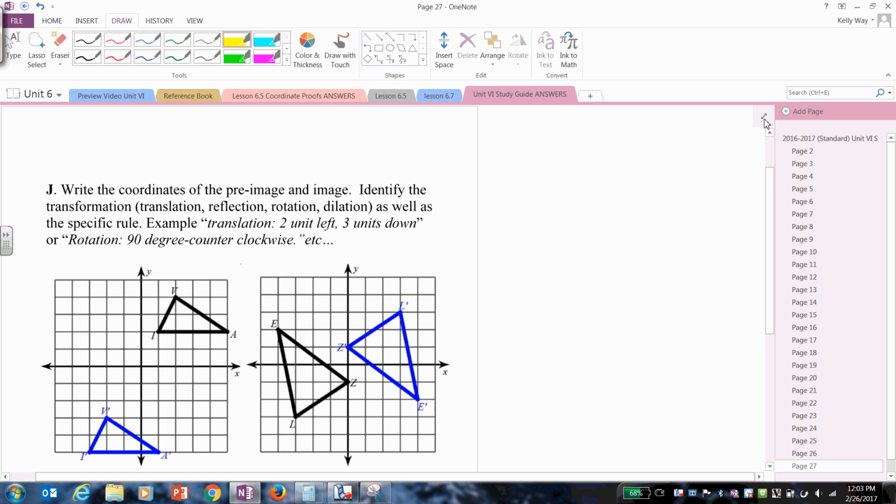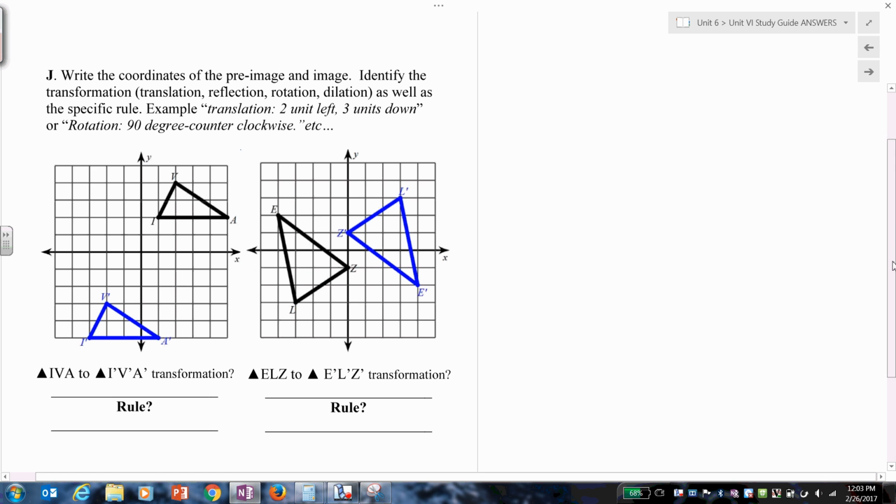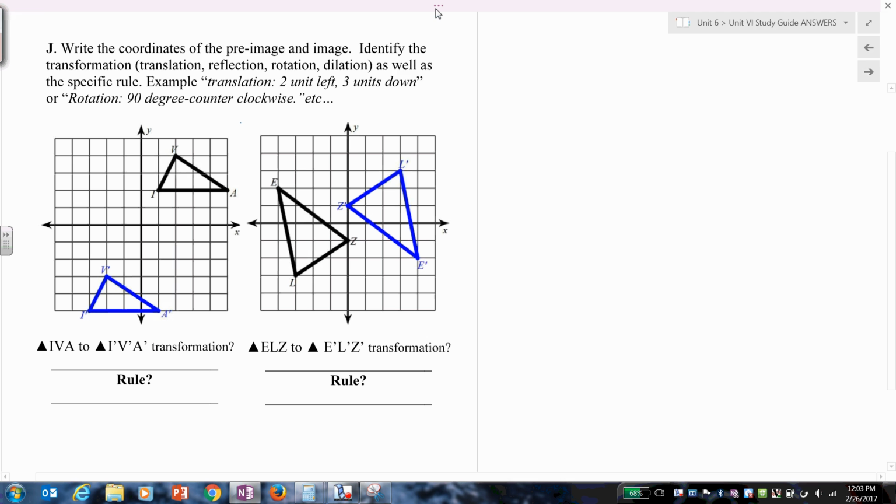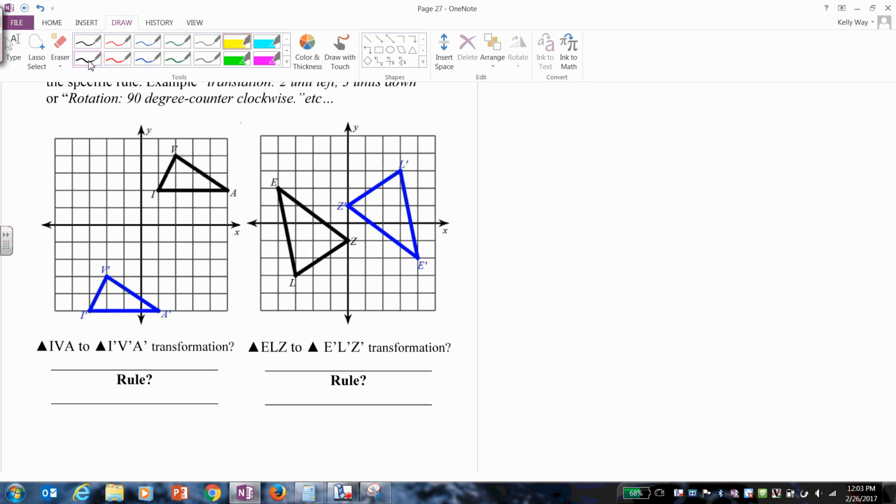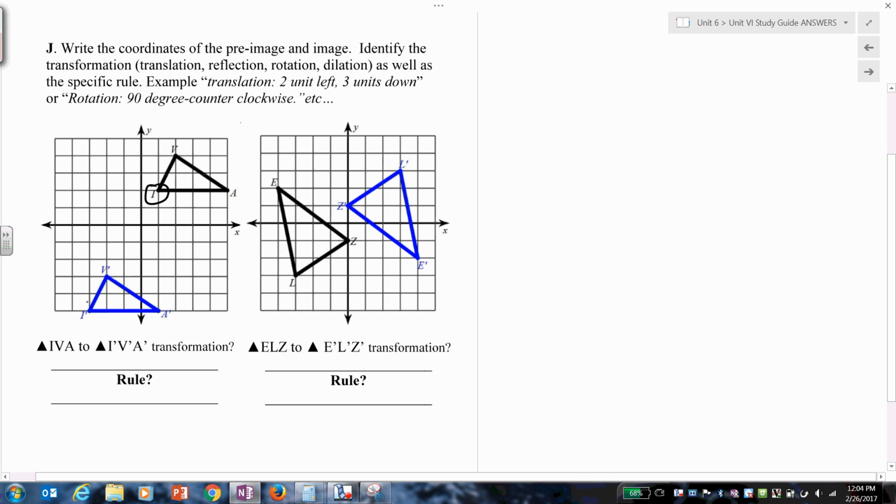For example, in this first one, we took I, and you go from the original to I prime. Now let's ask ourselves what happened. Take a look. This coordinate right here is 1, 2. We're going to go 1, 2, 3, 4, 5, 1, 2, 3, 4, 5, 6, 7.